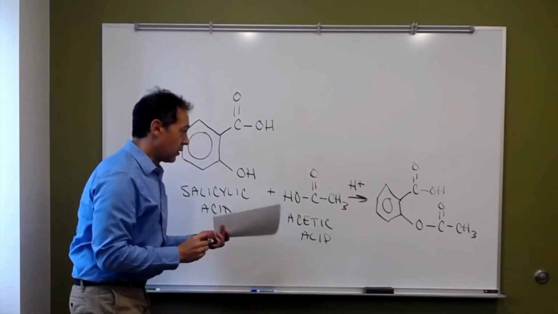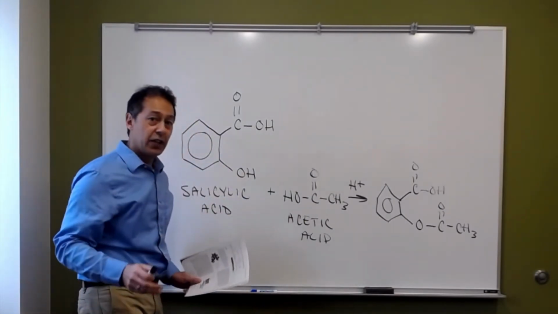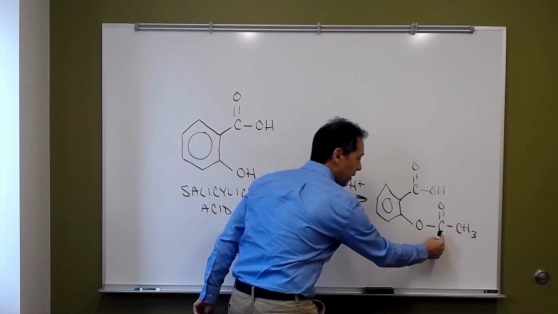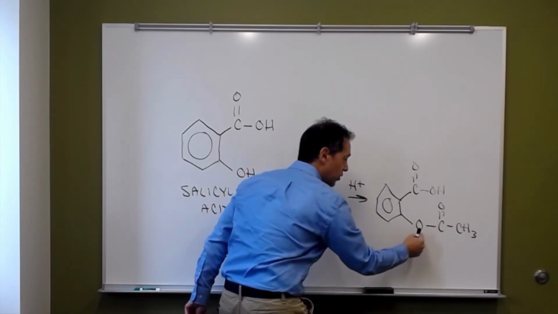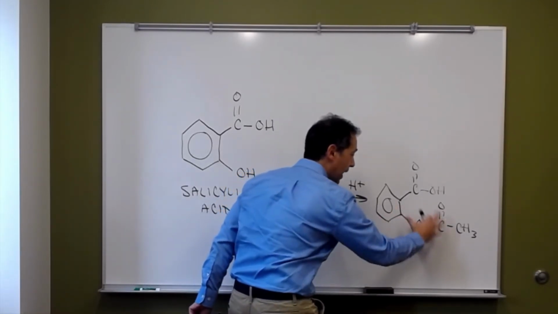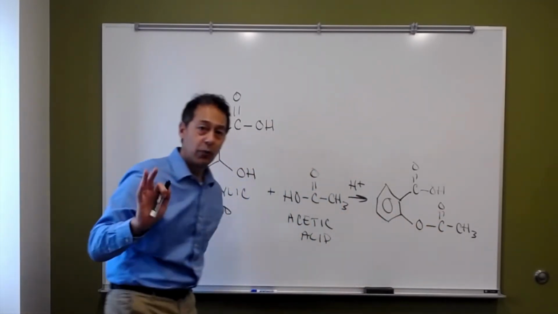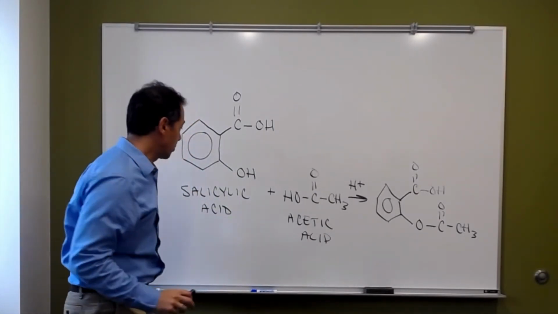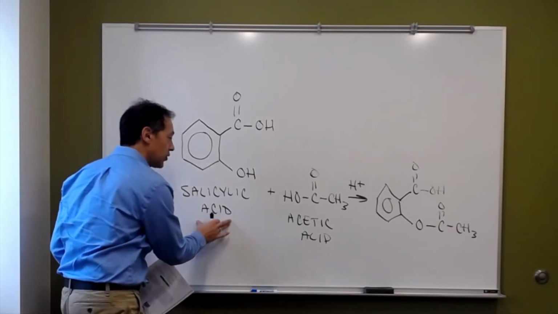Okay, now, what we did here is we made an ester. Remember, an ester is this carbonyl group here, attached to an oxygen and then to another carbon. Now this is just backwards, or reversed from what we saw just a little bit before. Now this reaction is kind of interesting in that here, this is salicylic acid.